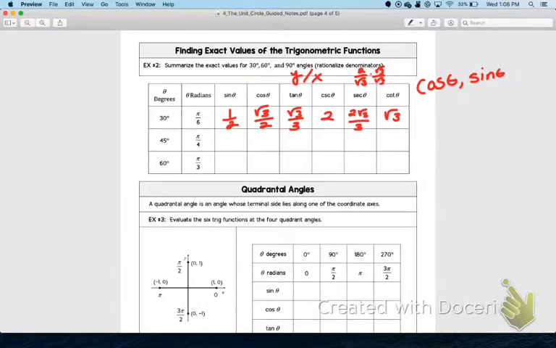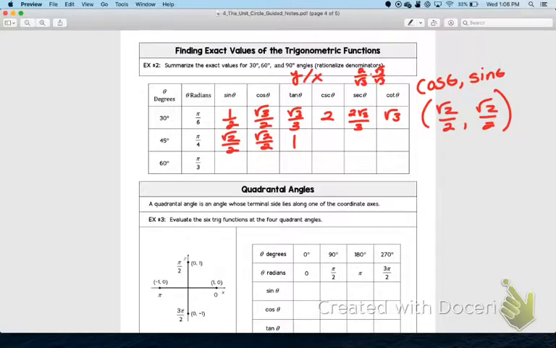Now let's go to 45 degrees. So remember for 45, our ordered pair was root 2/2, root 2/2, and we're in quadrant 1, so make sure you remember those signs for each of those. So the sine of 45 degrees would be your y, so root 2/2. Cosine would be your x, so root 2/2. Tangent would be those divided by each other, so 1.